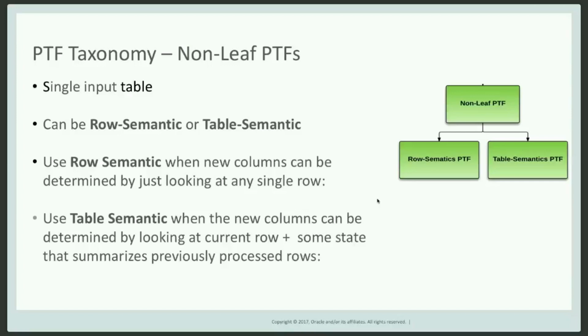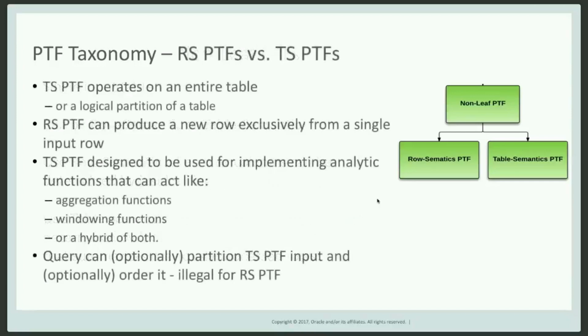I need to step back over previous rows. So a table semantic, it's going to operate on an entire table or a partition. So we have partition concepts here in a similar way with the window function using partition by. You can partition a table semantic PTF.